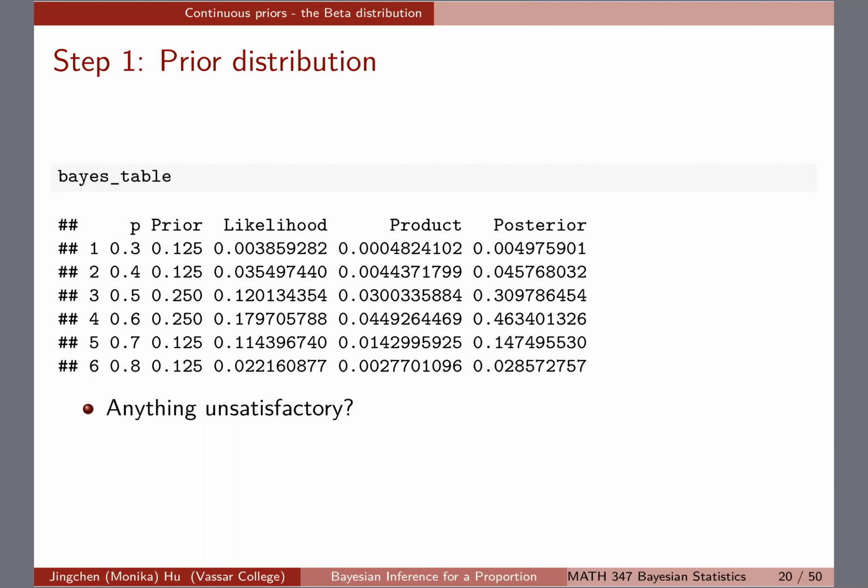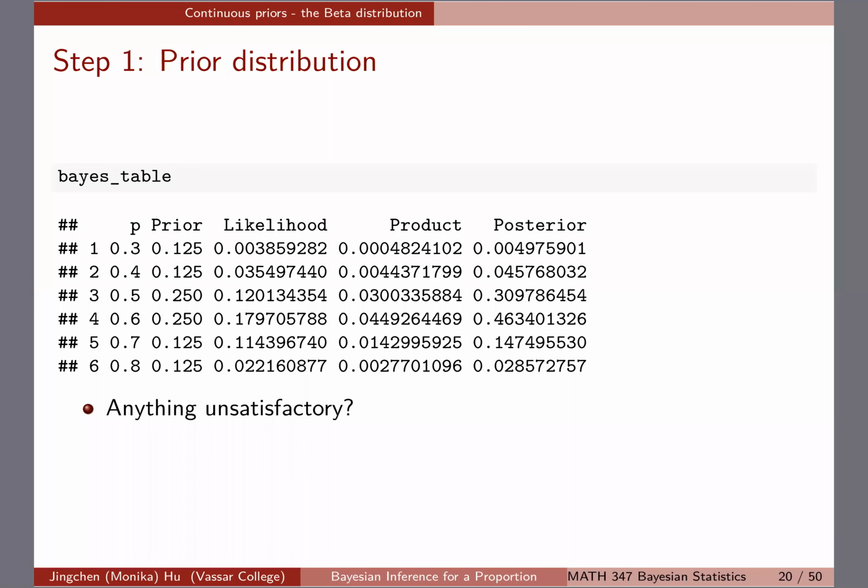In a sense that you think the discrete prior that we used might not be satisfactory or comprehensive enough? Okay? So pause for a couple of minutes. Anyone want to share what you think is probably not satisfactory at the moment?